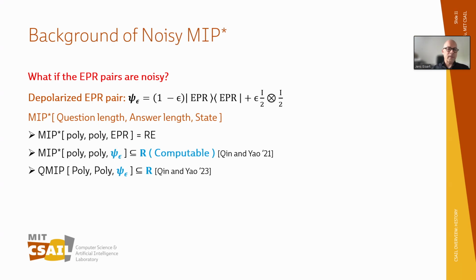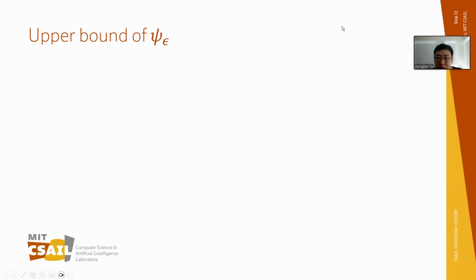Okay, these are all the background about MIP*. Next, I'm going to move on to our results. We first prove an upper bound on the number of useful depolarized EPR pairs.